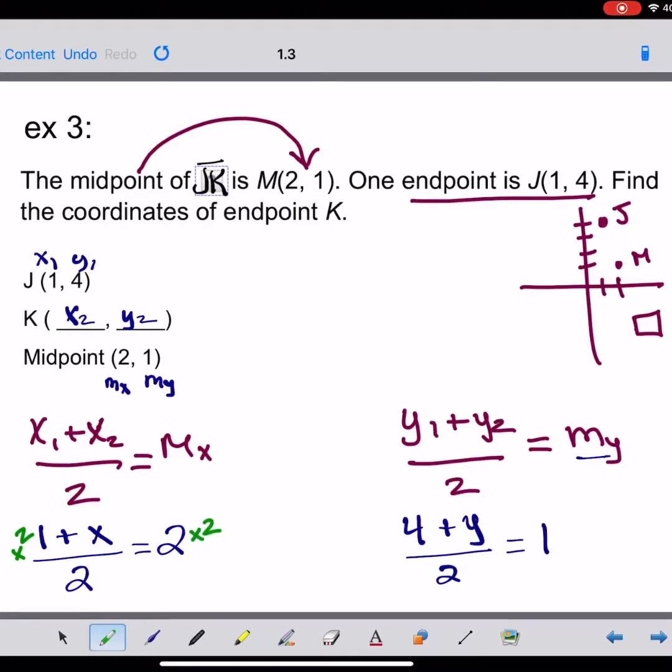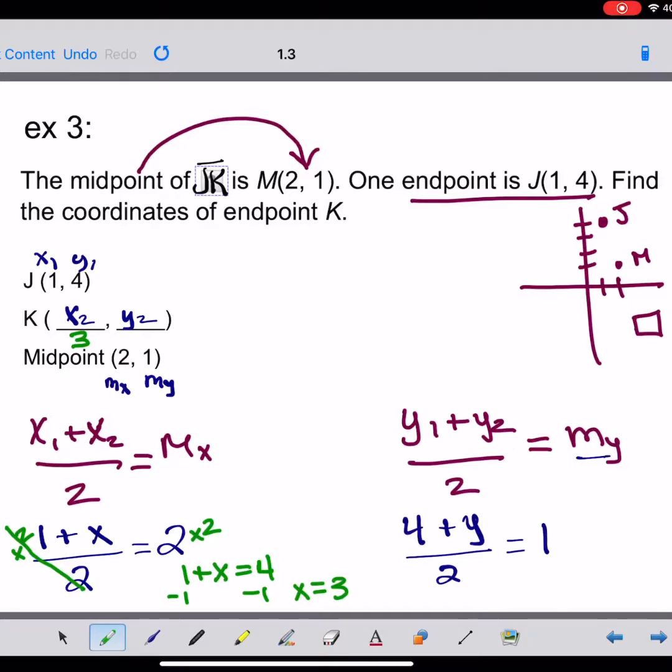The 2 that is being divided cancels with the 2 that is being multiplied. So I have 1 plus x is equal to 2 times 2, or 4. I subtract 1 from both sides, and my x of the endpoint is 3.